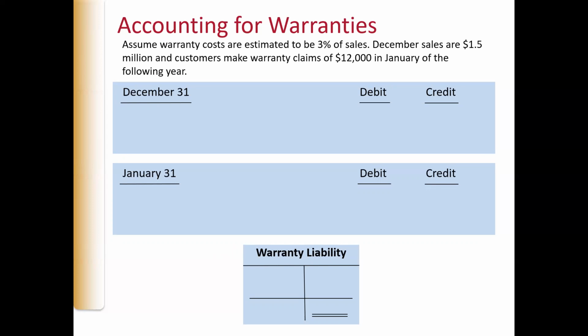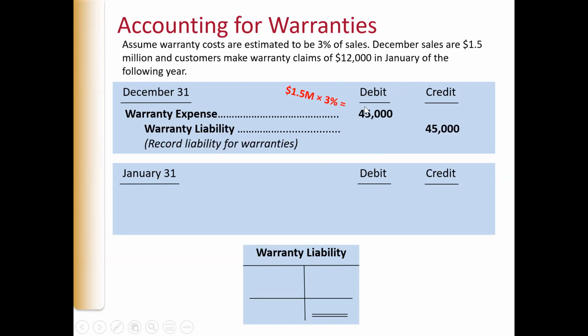So in this example, let's assume that warranty costs based on history is estimated to be 3% of sales. December sales are 1.5 million, and customers make warranty claims of 12 million in January of the following year. So what we're going to do is we'll debit our warranty expense, 1.5 times 3%, 45,000, and we credit our liability.